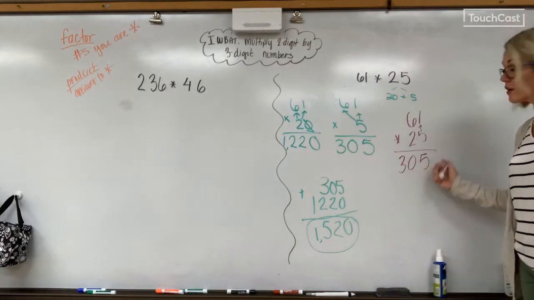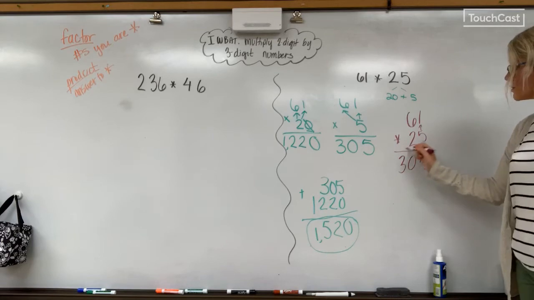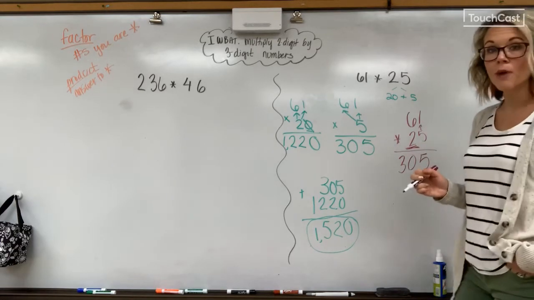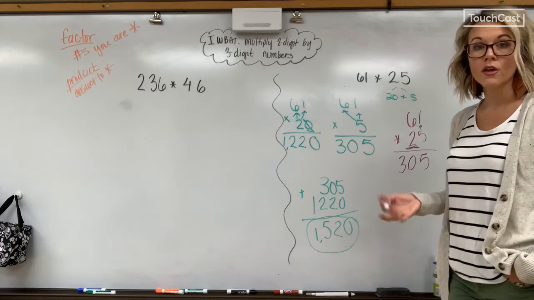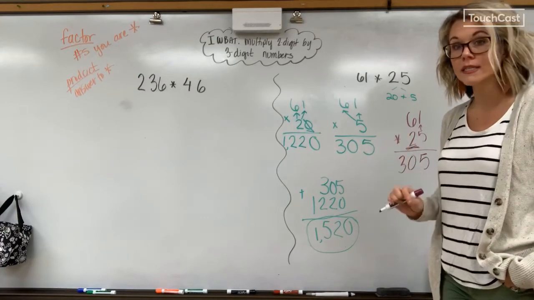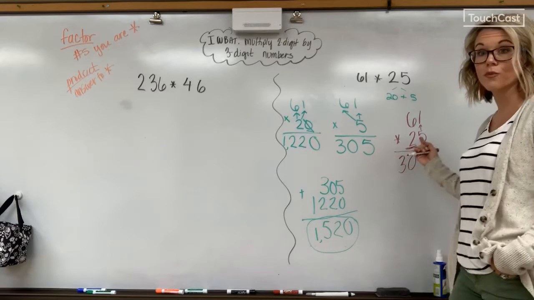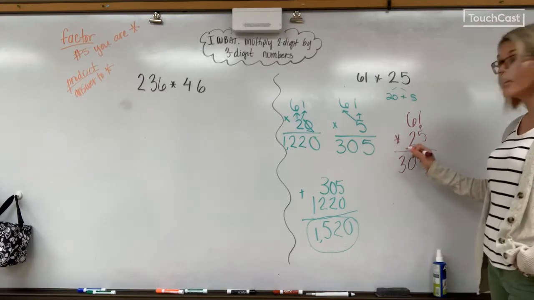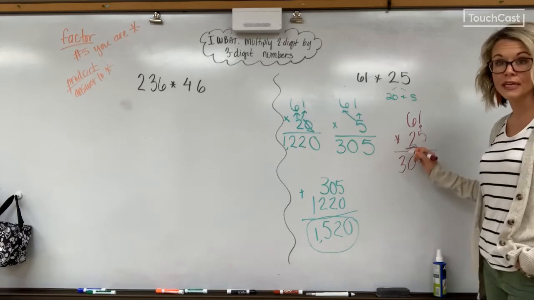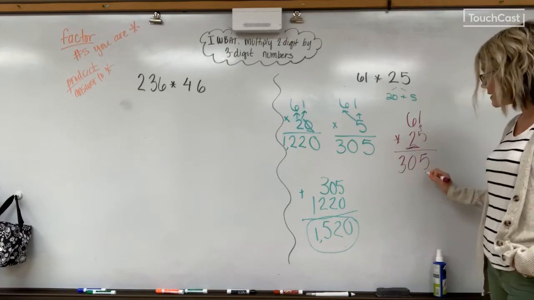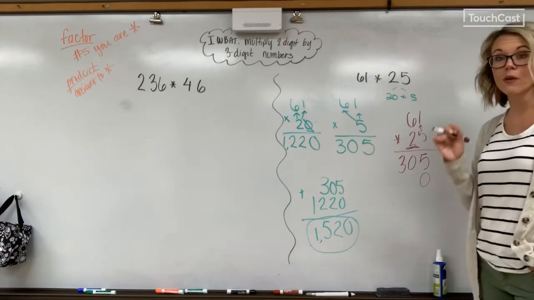So over here, when you move to this 2, you're not multiplying by 2. What are you multiplying by? You're multiplying by 20. This is 2 tens. So because you're in the tens place, your answer needs to start in the tens place. So I need to put a 0 in my ones place.